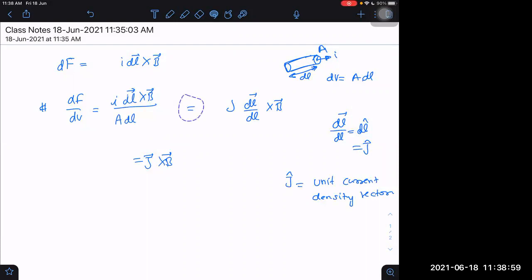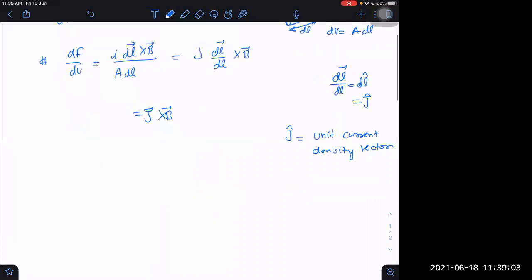After getting force density, we can write force per unit area, also pressure. What would be the pressure? If I want to find pressure here, can we get it? I think to get pressure, area into dl, if I multiply this by dl, then I will be getting pressure, it seems.